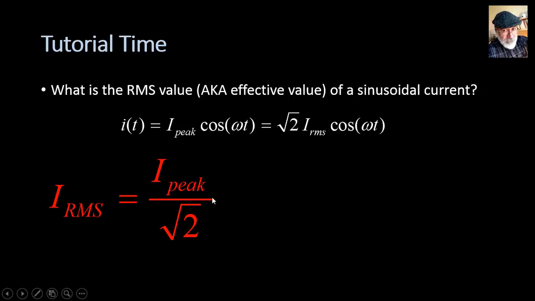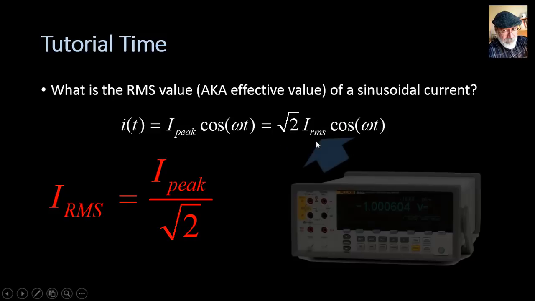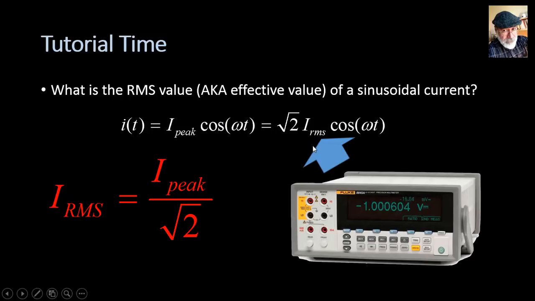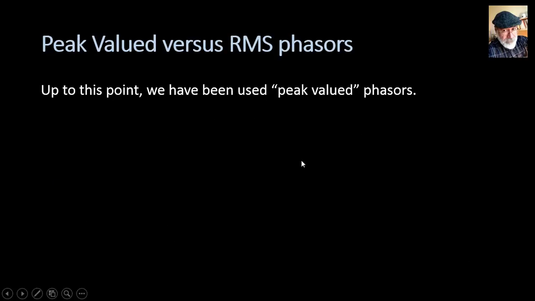That allows us to write a sinusoidal function of time either expressing the peak value explicitly or the RMS value explicitly. The peak value is root 2 times I RMS. The I RMS is what the ammeter is going to read you in AC. Up to this point, we've been using peak-valued phasors.